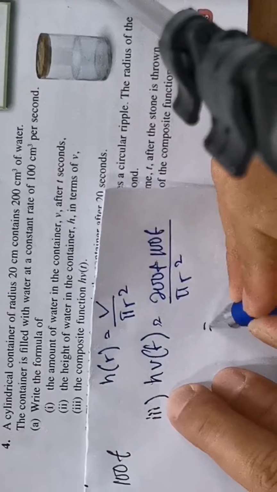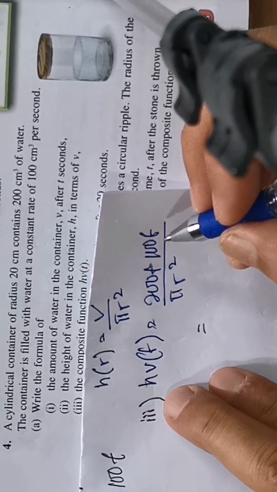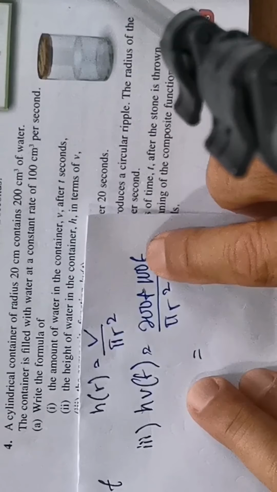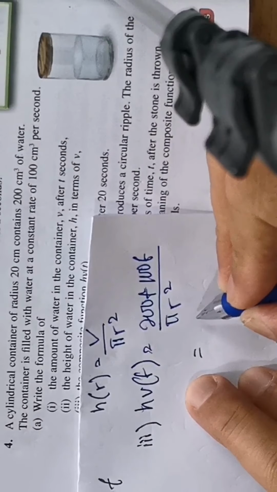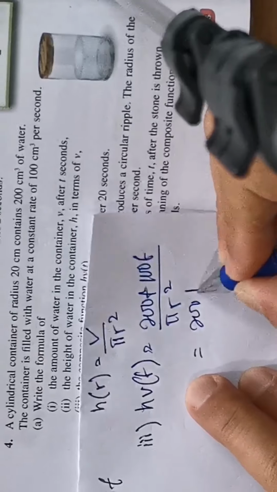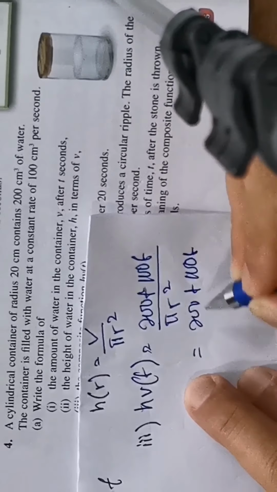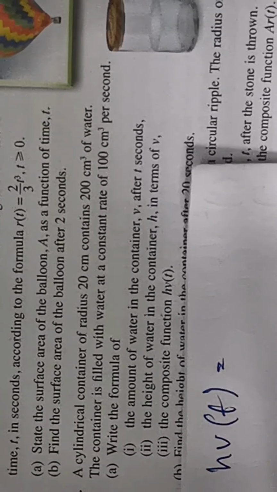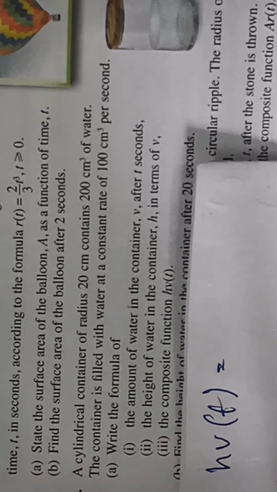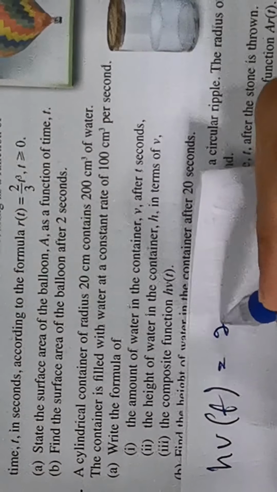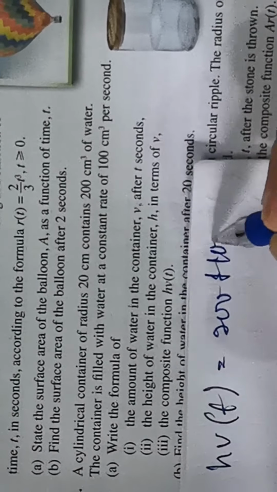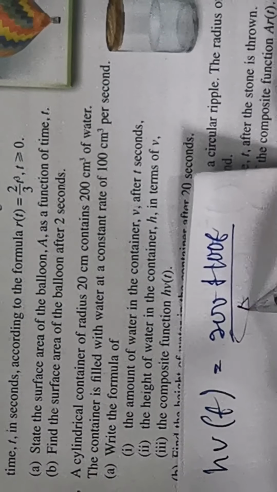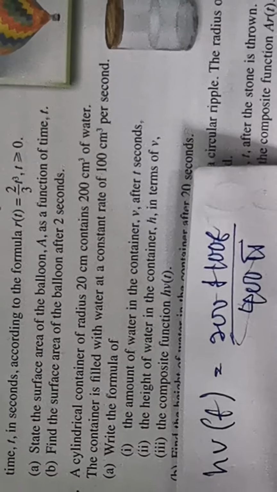And we already know that the value of r is 20. The radius is 20. Replace, so 200 plus 100t over pi times 20 squared. H(V(t)) equals 200 plus 100t over 400 pi.